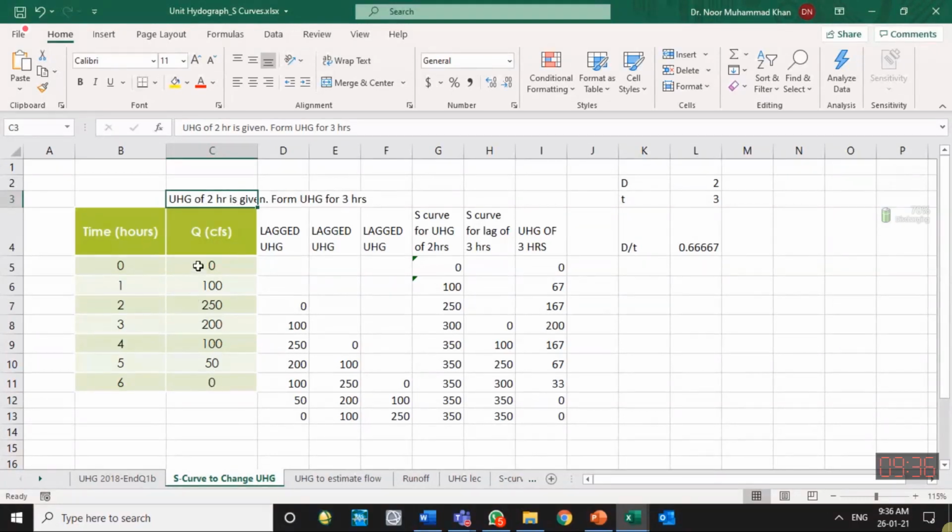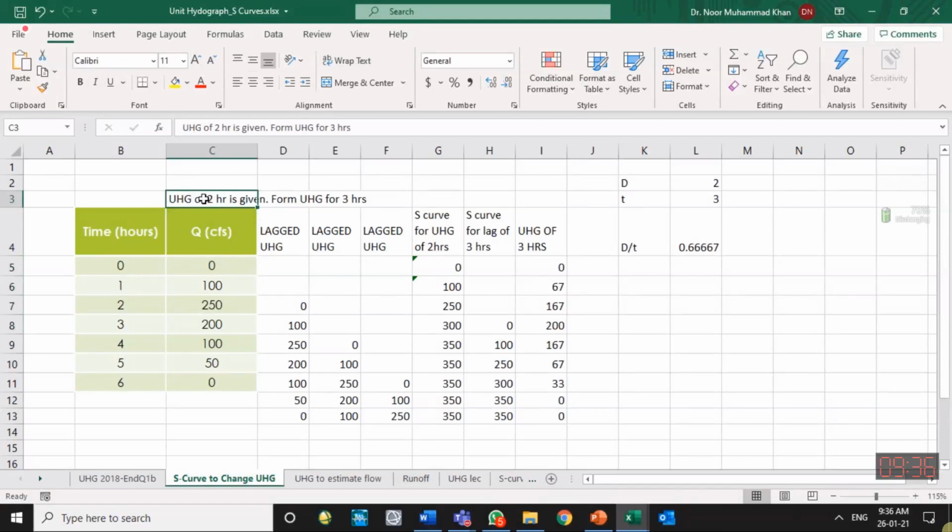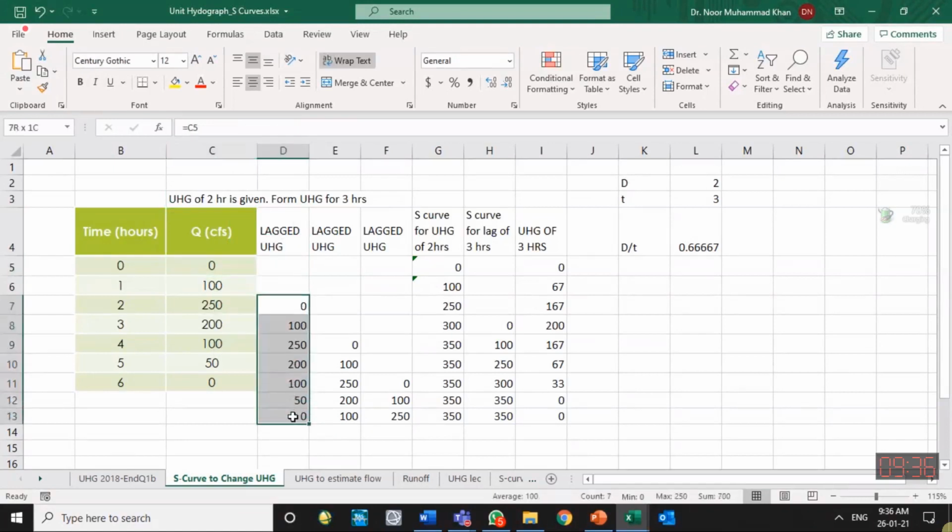So make an S-curve for this. How can we make it? Make a series of unit hydrographs, but lagged by this 2 hour duration. So this is a lagged unit hydrograph. This is the original, this is the first lag, this is the second lag, and so on. You should have a series of them.